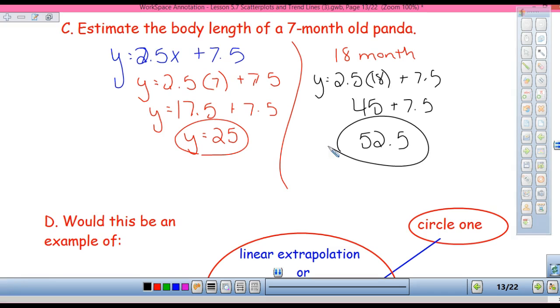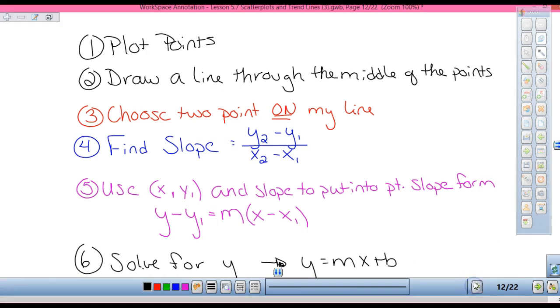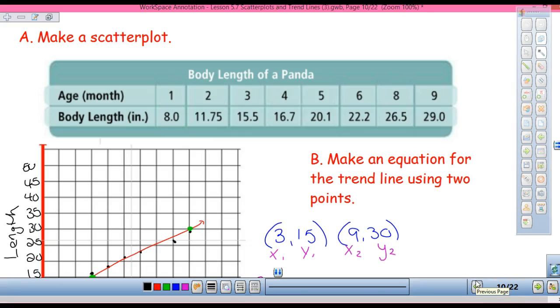If it's off my set of data, like my set of data went from 1 to 9, then anything outside of that 9 would be extrapolation. Make sense? All right, go to work.